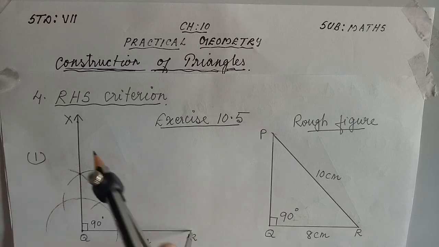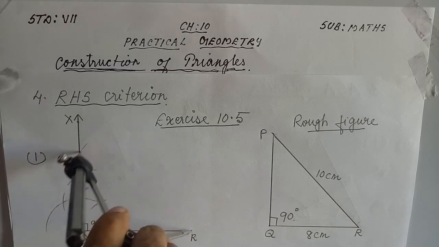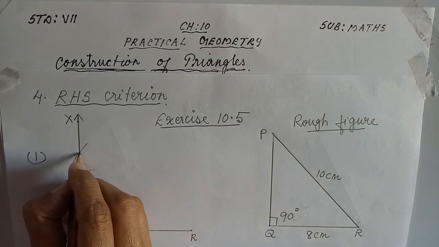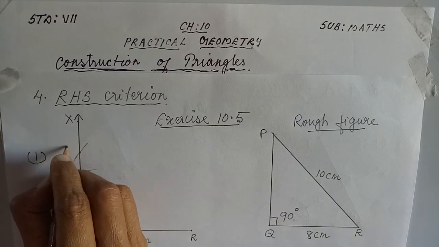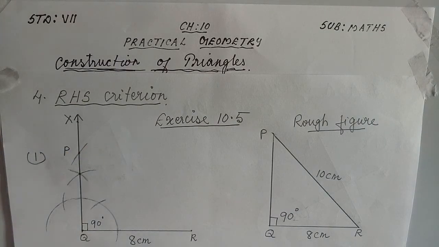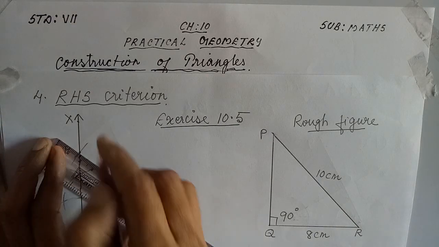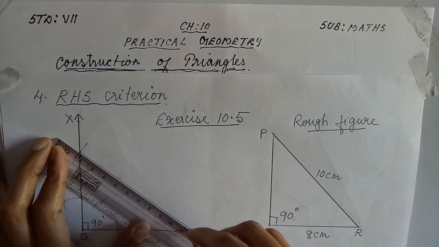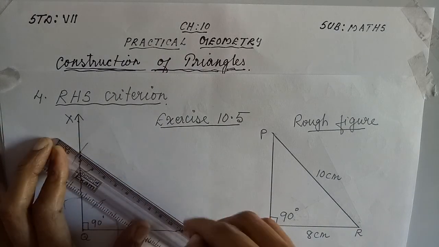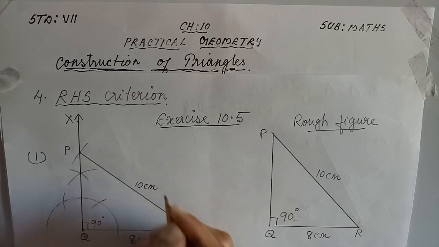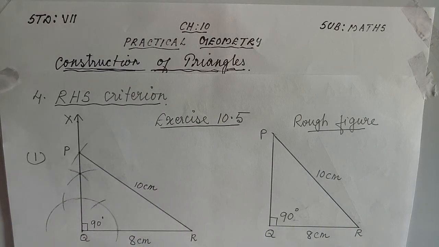Keep at this point R, then draw one arc. So mark this point as P. Then join PR. So this is 10 cm. PQR is the required right angle triangle.